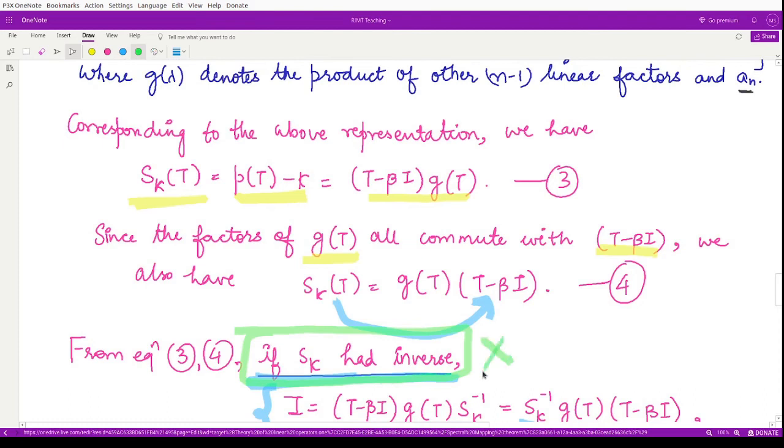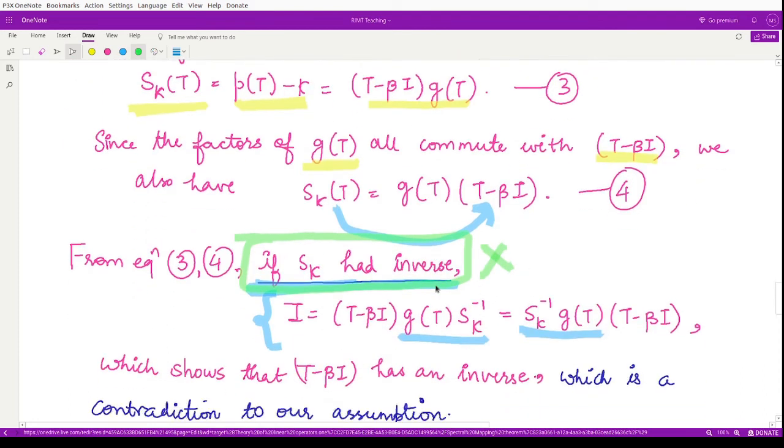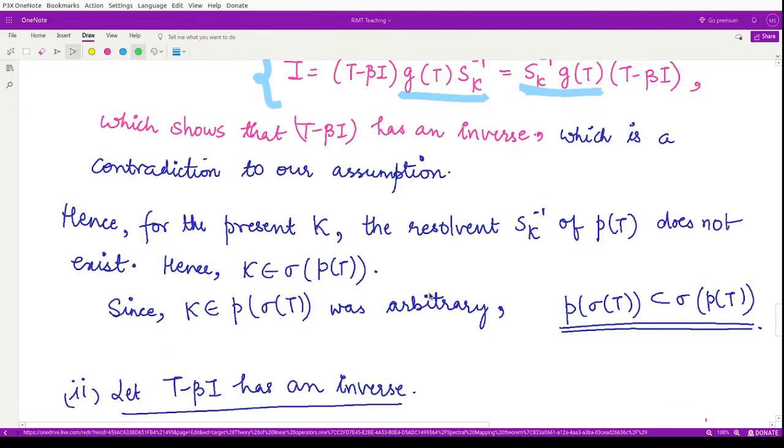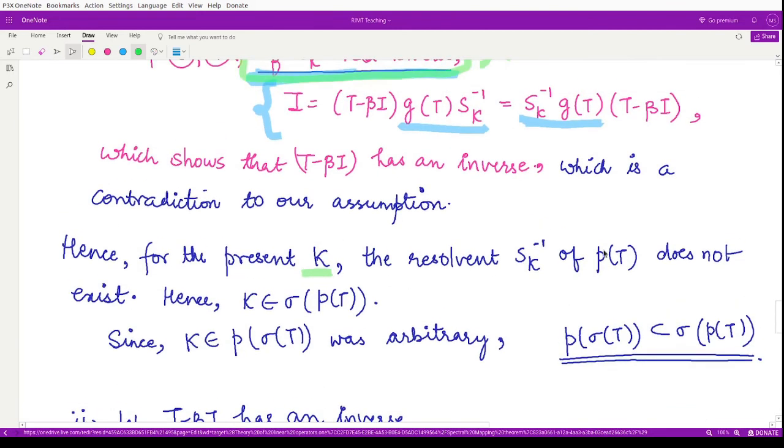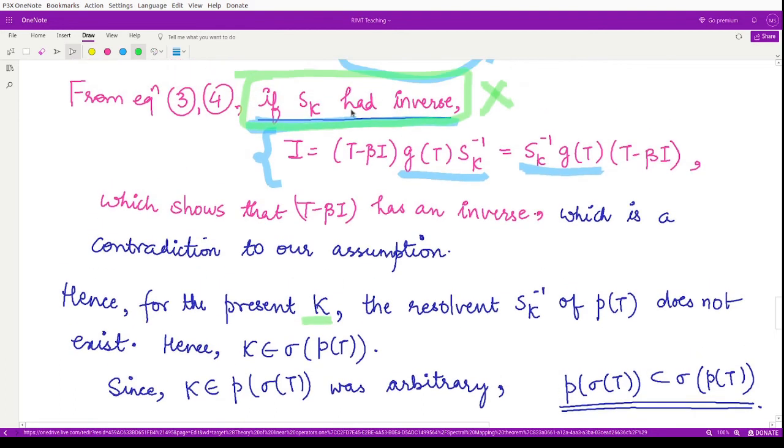That means for the present kappa, the resolvent, the inverse of p(T), does not exist, because S_kappa does not have an inverse. So this resolvent of kappa does not exist because the inverse itself does not exist.